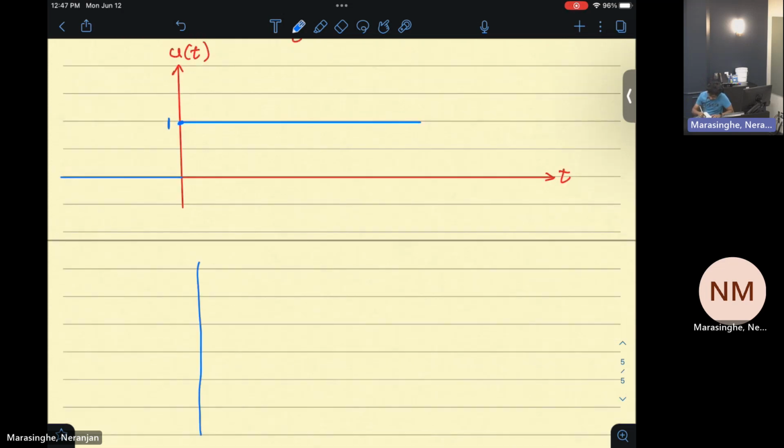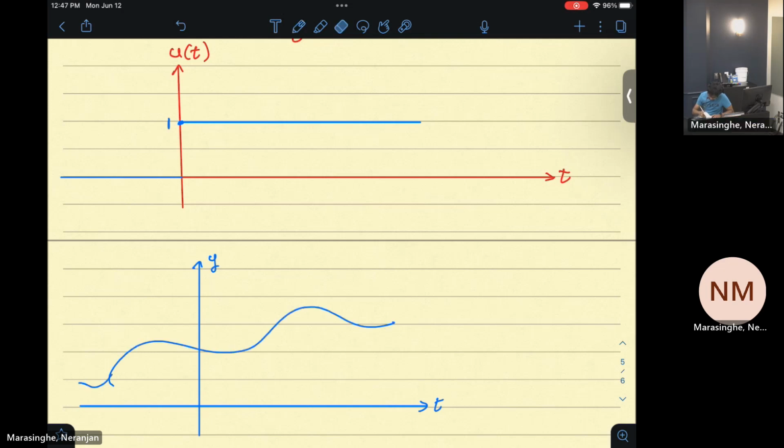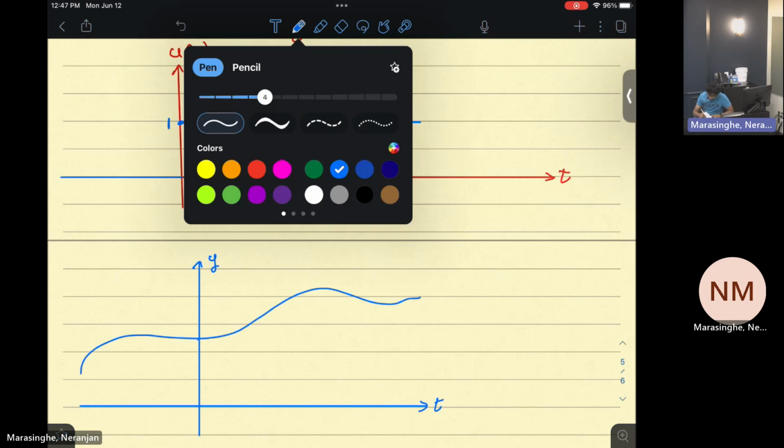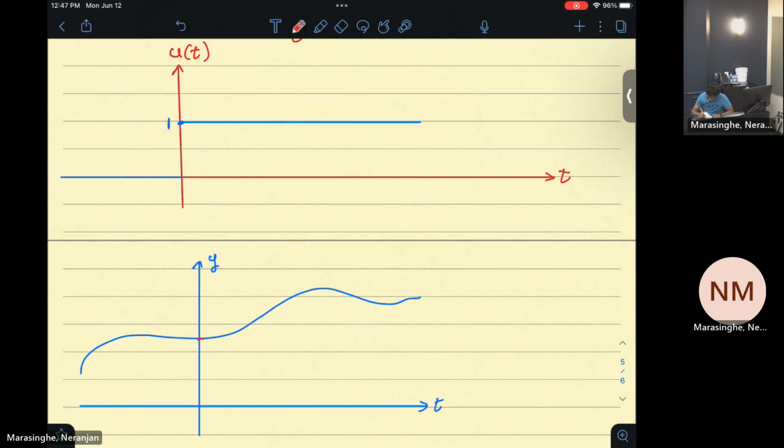So this is the idea. Suppose you have some function like this. Okay. You would like to extract this portion, right? You need to cut off the other region, right? You need to cut off this region, right?